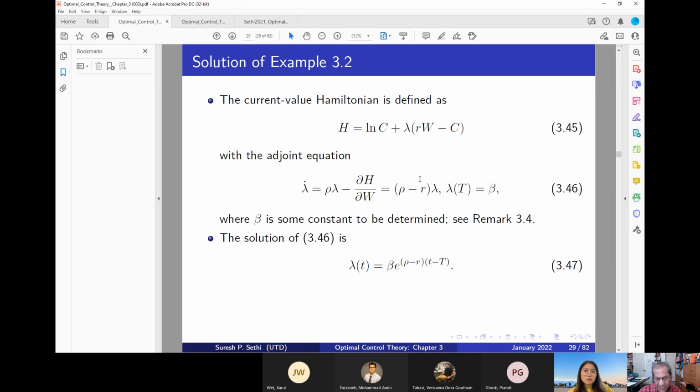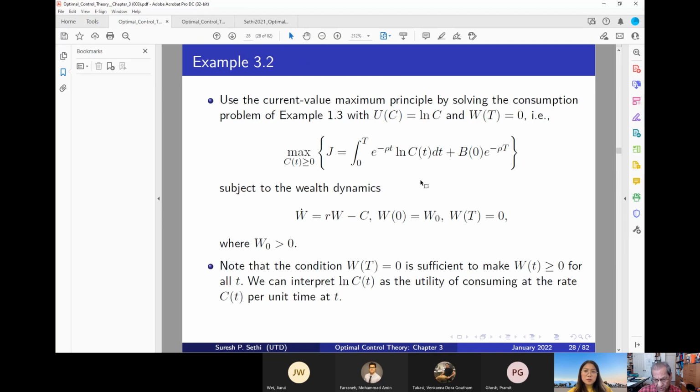So what we did was, because of this condition, we know that the optimal solution would leave wealth 0. So we're going to solve the problem with the constraint WT equal to 0. It could also be WT bigger than or equal to 0, in which case we'll also leave the wealth 0.